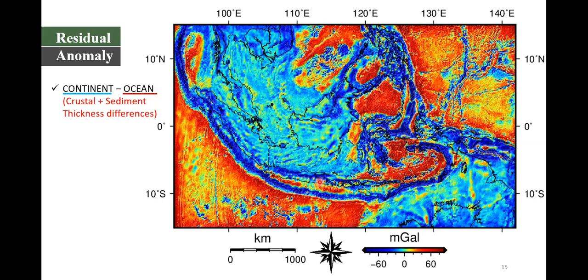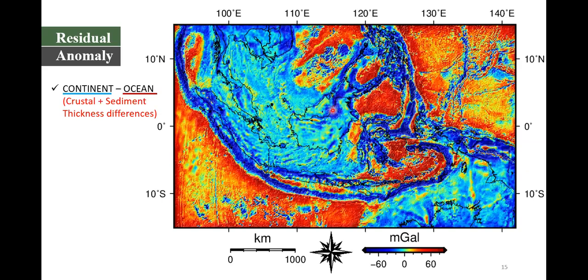So first, again, as with the Bouguer anomaly, we can differentiate between the continental and oceanic crusts. But in this case, with the residual anomaly, we also can see the differences in the thickness of the crustal and sediment layers.